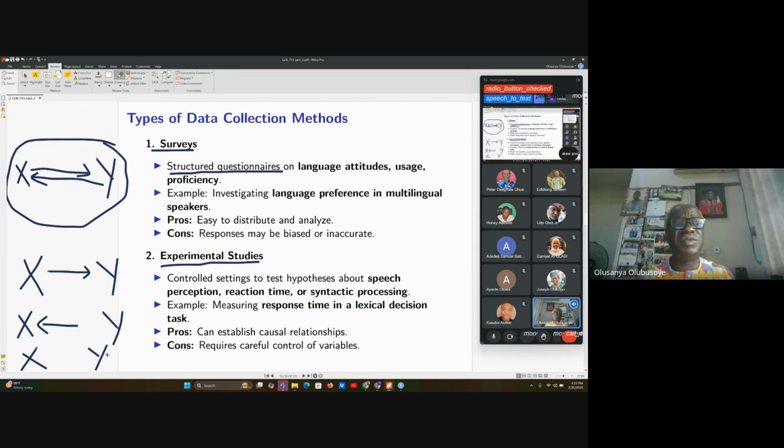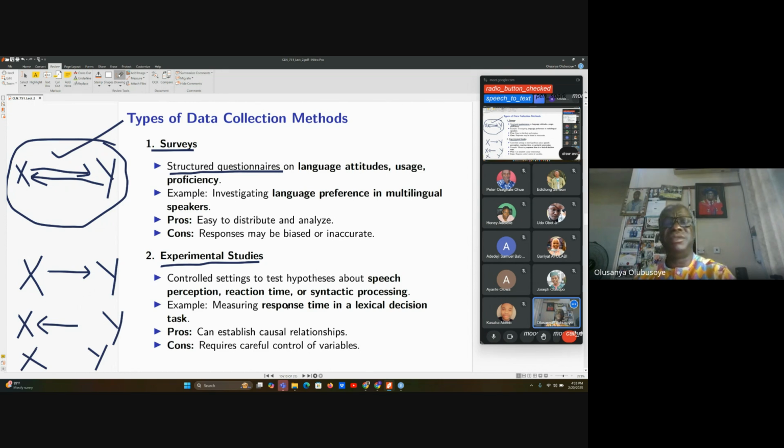X is not causing Y, Y is not causing X. So they don't even have anything in common. In a control experiment, you can establish this type of causality.